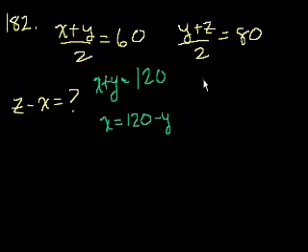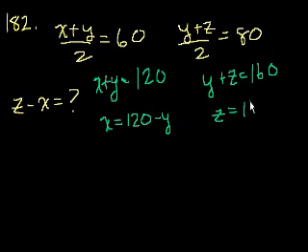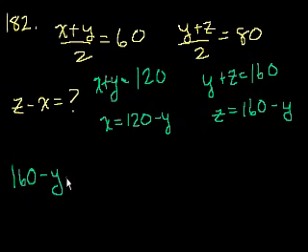Multiply both sides by 2, you get y plus z is equal to 160. z is equal to 160 minus y. So what's z minus x? So z is 160 minus y, minus x, which is 120 minus y.